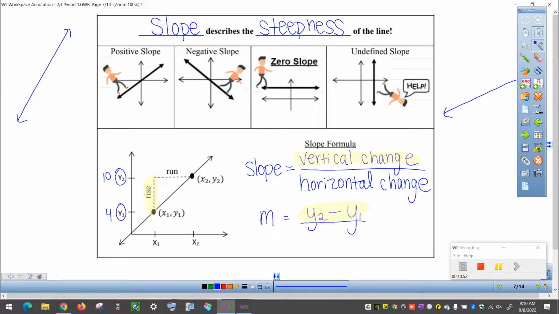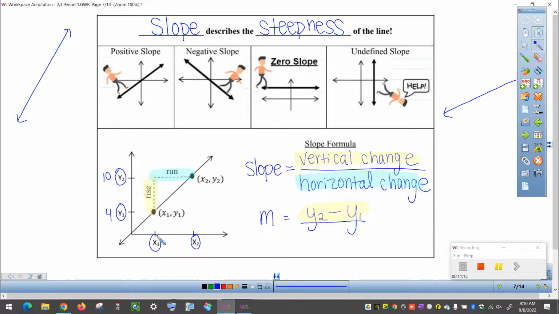Let's take a look now at the horizontal change. So that's going to be our denominator. Now we also have a special name for the horizontal distance between the 2 points. We call that the run. And notice that that is based down here on the 2 x values. It's just going to be subtracting x2 and x1.